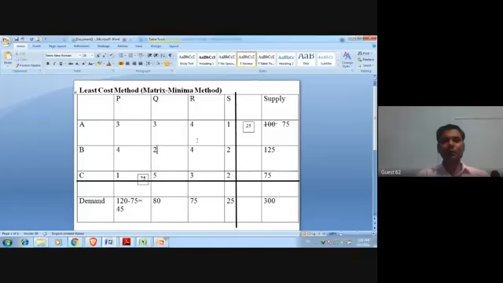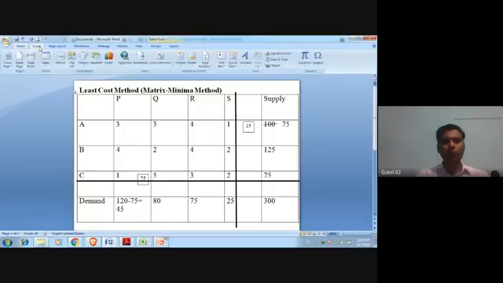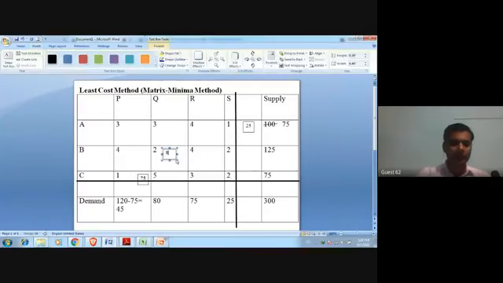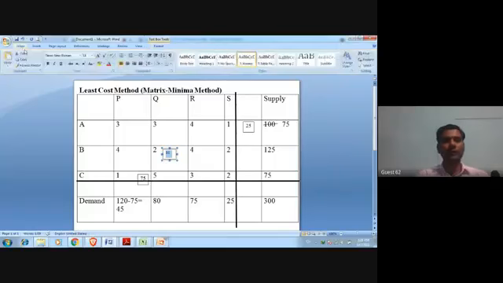So we will draw a box in which we will write down 80. I have allocated 80 units to warehouse Q from the factory B.